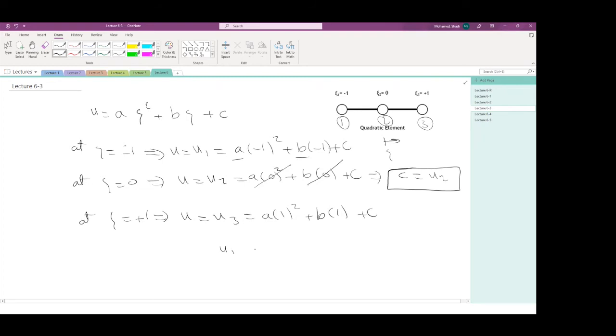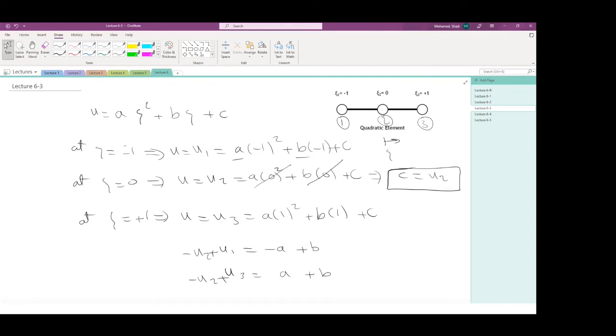So I first have u1 equal to minus a plus b plus c, and then u3 is equal to a plus b plus c. I already know c is equal to u2. I'm just going to replace it with u2 and take it to this end. So it's going to be minus u2, and this is minus u2 here, and I can cancel this guy.